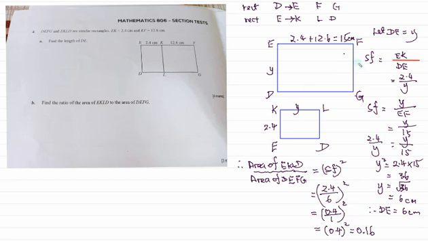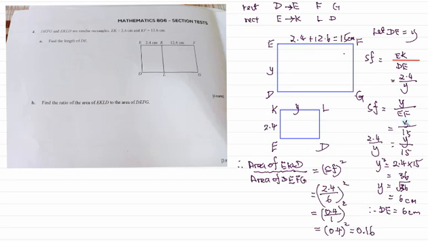So after you have defined all this, the scale factor we are looking at is EK over DE, because these are the corresponding lengths. EK is 2.4, DE we define as Y. Similarly, we also define the scale factor as Y over EF.